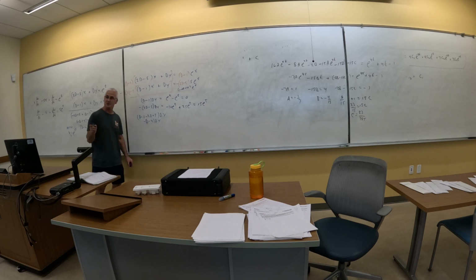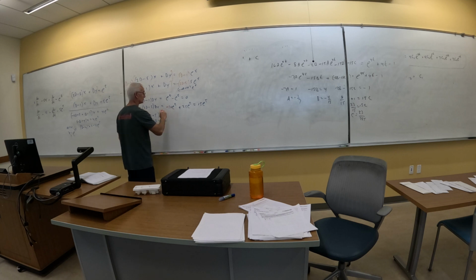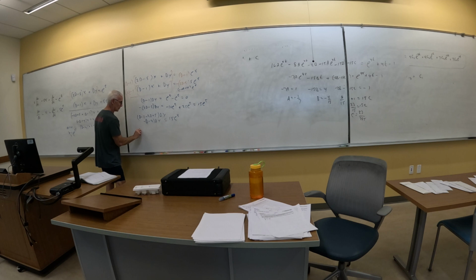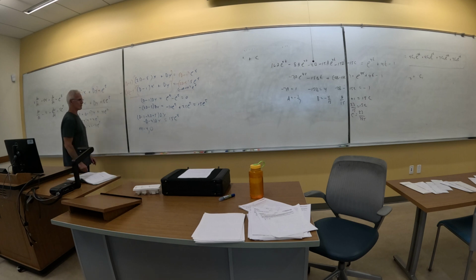Well, we're doing the homogeneous part first. Yes, excuse me, equals 15 e to the t, that's correct. But I want to do the homogeneous. Oh, wait. So what's my m? Yeah, 4 and 0. Oh, that's true. What is the solution?